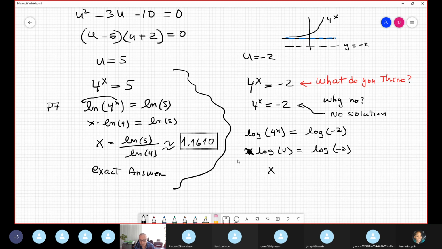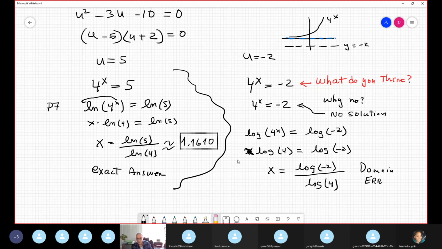Therefore, x is equal to log of -2 divided by log of 4. What do you say about logarithm of the negative number? Suppose I try to compute that in my calculator. Log -2. Boom. It says domain error.